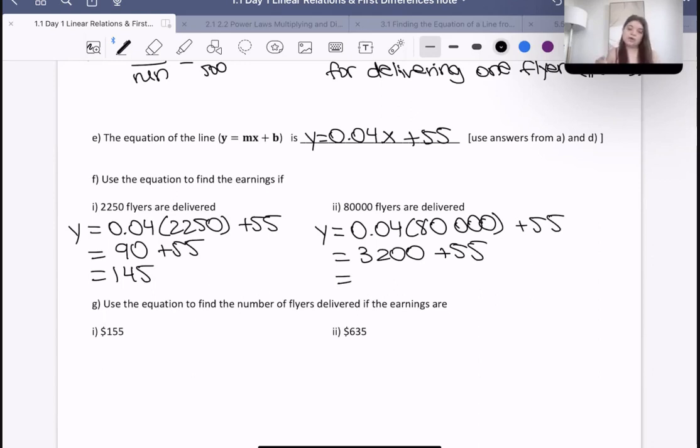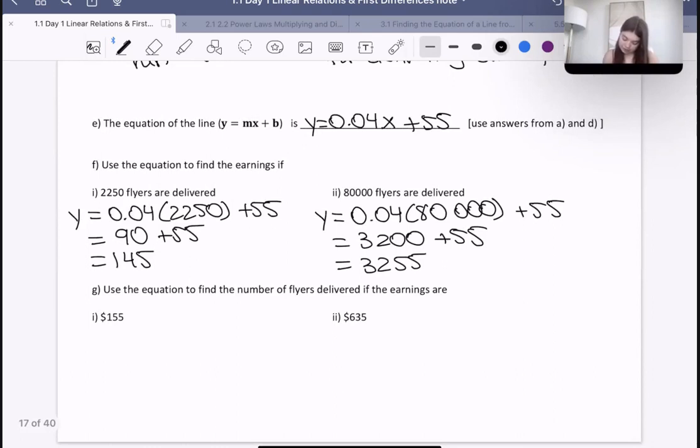Okay, well, at least she makes good money. I mean, if you do that much work in a week, you make pretty good money. A lot of people wouldn't make that in a month, so that's something. So for delivering 80,000 flyers, she will make $3,255. So that's quite a nice chunk of change there.